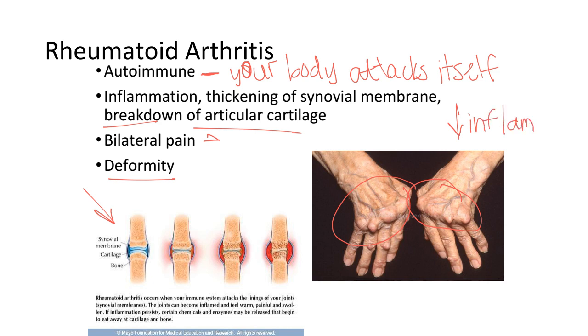It can be managed sometimes with medicines, anti-inflammatories, and things like diet can help manage this because you can eat an anti-inflammatory diet. So there's a lot of things that can be done to try to help manage it. And patients, as with all autoimmune disorders, kind of have to learn about all their options, be presented with a wide variety of options, and then figure out what works best for them.